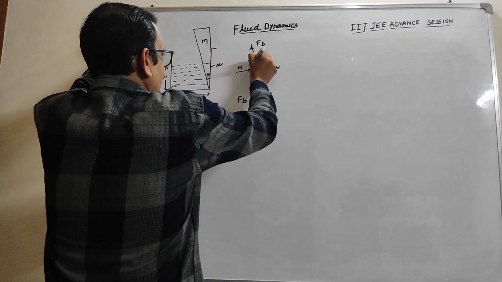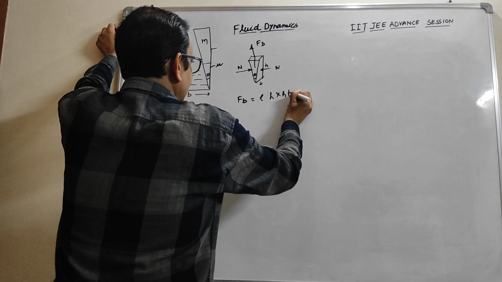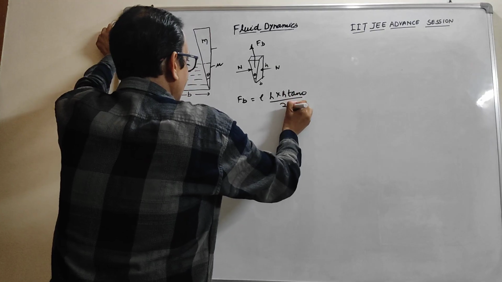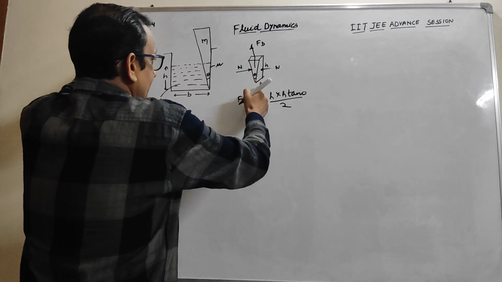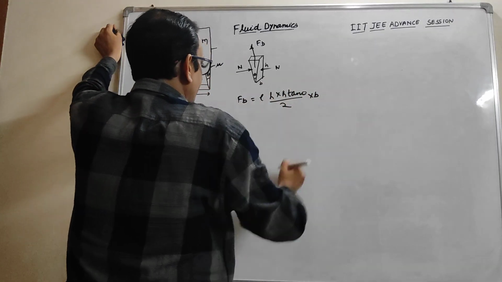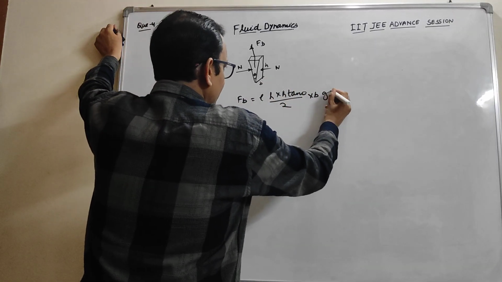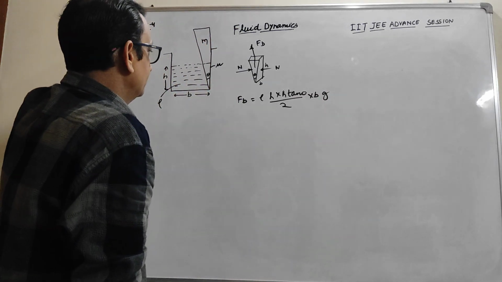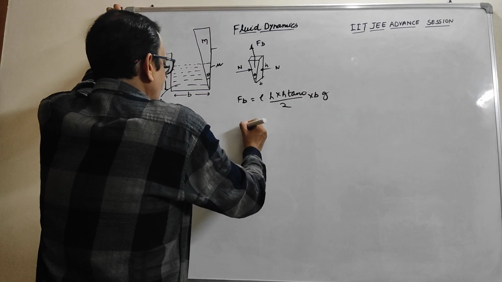So h into h tan theta by 2 is the area of the triangle, and width b is the width. So this becomes the volume, and rho V g is the buoyant force.